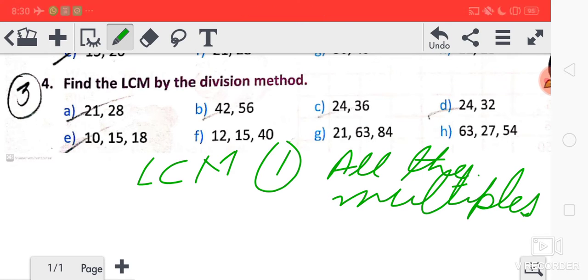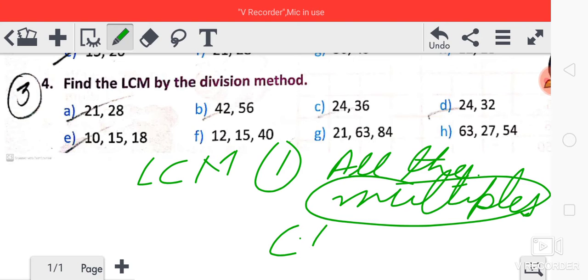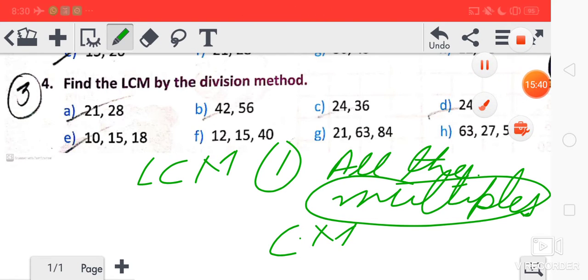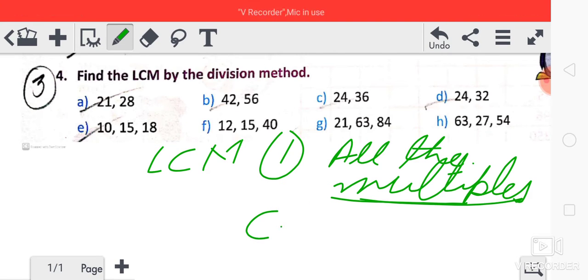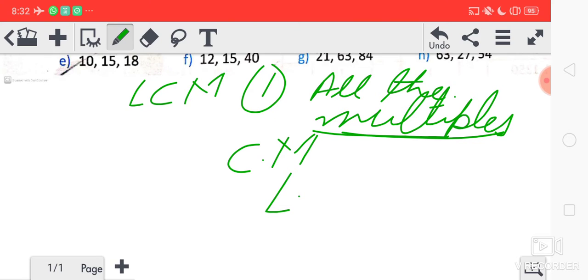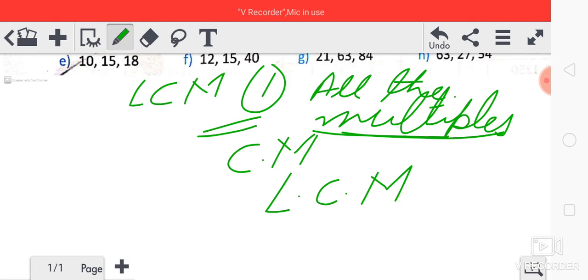So first we find the multiples, then we find the common multiples, then among the common multiples we find which one is the lowest, and that becomes your lowest common multiple. This is the first method.